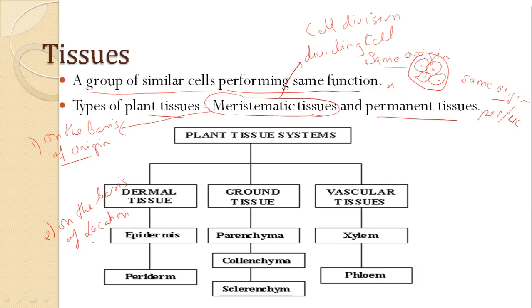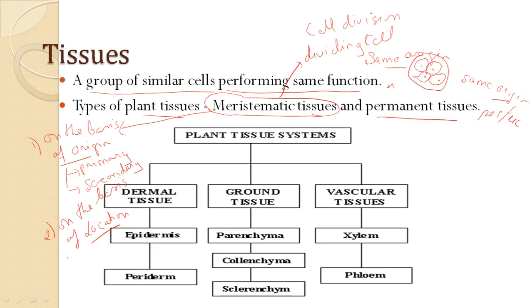Okay, so these are the two ways to classify meristematic tissues. On the basis of origin, those tissues which originate at the beginning are called primary meristematic tissue, and those which originate later, after the primary, are called secondary meristematic tissue. We will discuss this in detail.